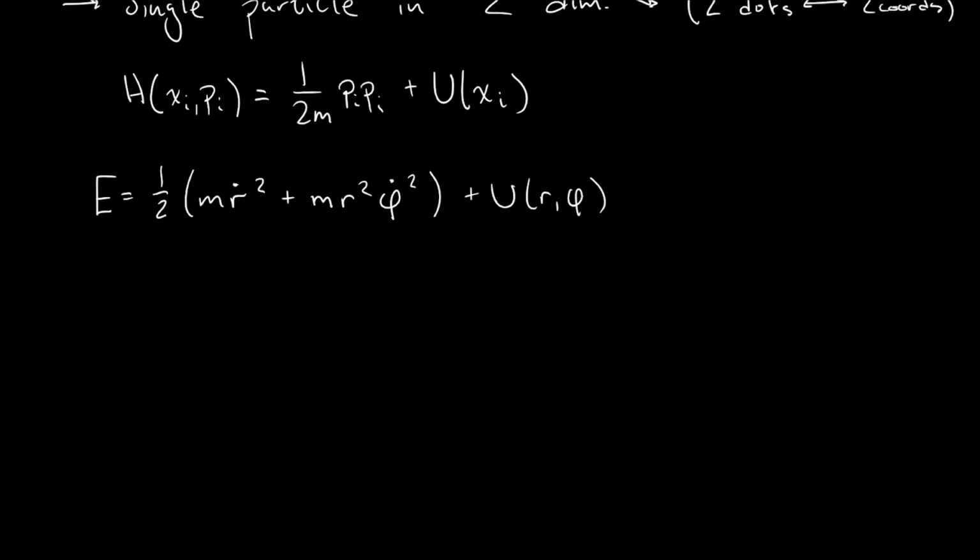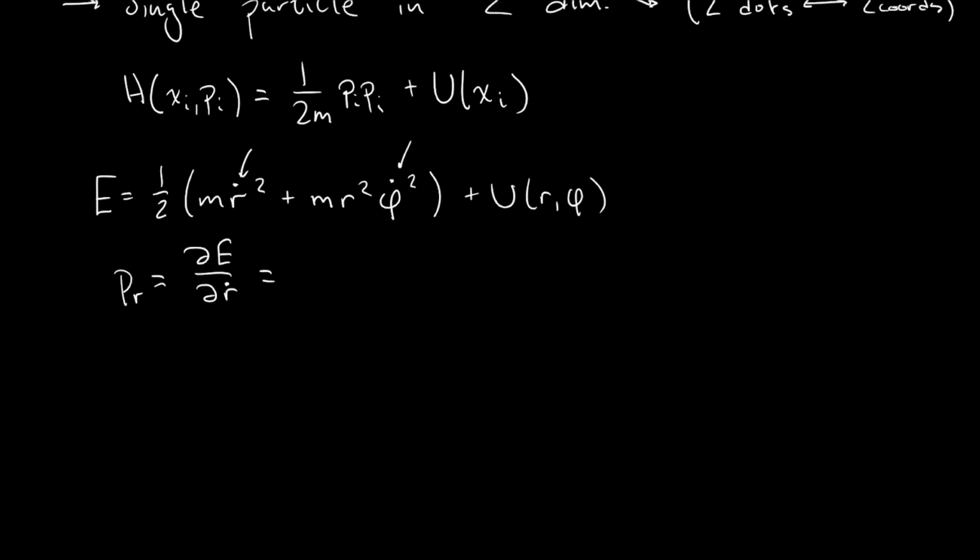I can find my conjugate momenta by just, like I said, taking derivatives of the energy with respect to r dot, because we're guaranteed to only ever have a q dot dependence in the kinetic energy terms.